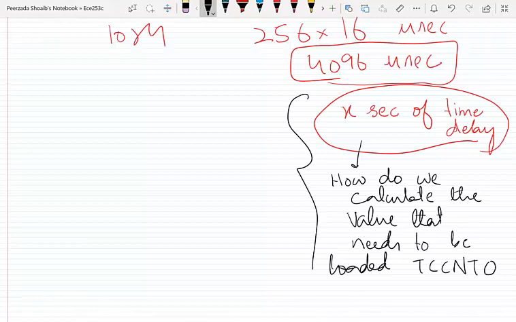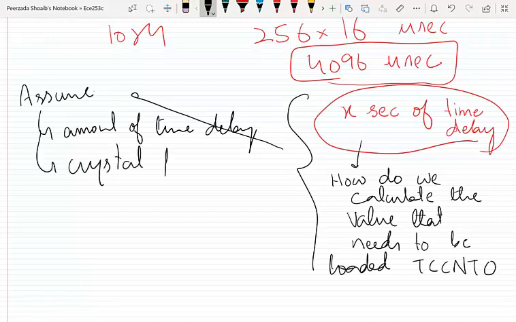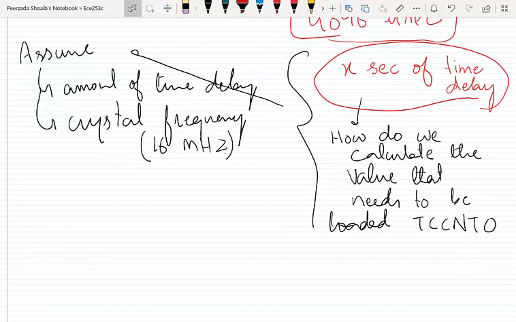We can calculate this when we know the amount of time delay needed. We also know the crystal frequency, because that's also important. Unless otherwise stated, in ATmega32 microcontroller programming the crystal frequency should always be taken as 16 megahertz, or if the question states some other crystal frequency, then we should take that one.